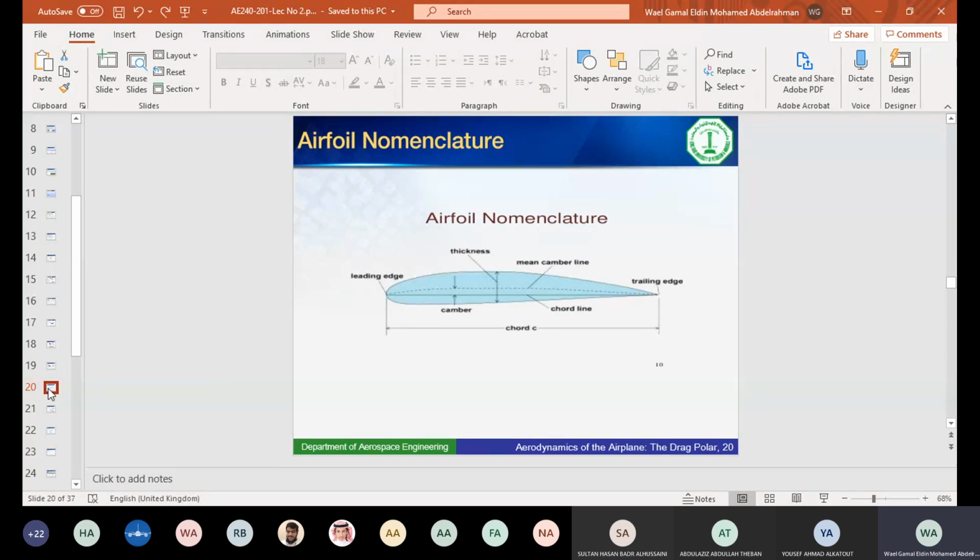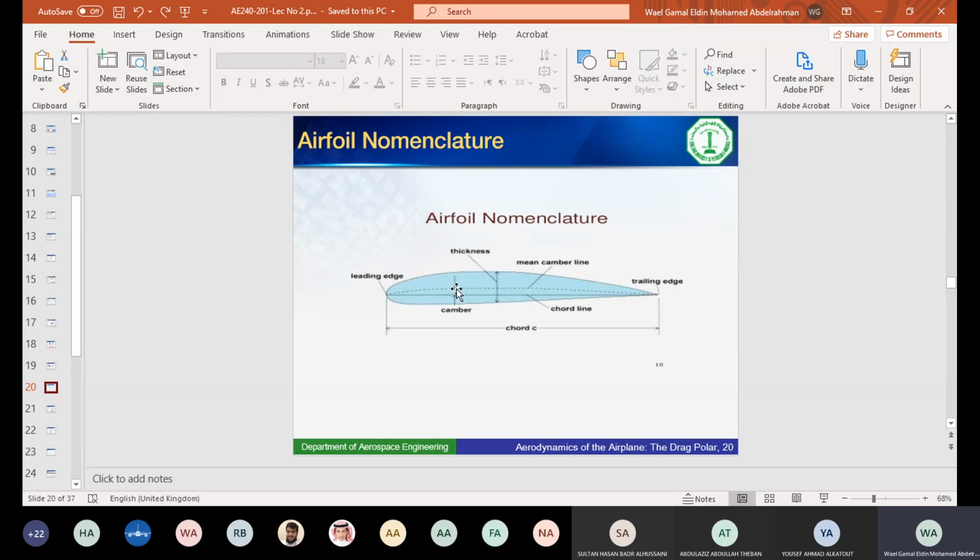Our next step would be the language that we will use when we talk about the airfoil. So I will just remind you of the different nomenclature that you had in airfoil. You defined, of course, the leading edge of the airfoil, the trailing edge. The line between them is the chord line. The dotted line here midway between the upper and lower surface is what we call the mean camber line.